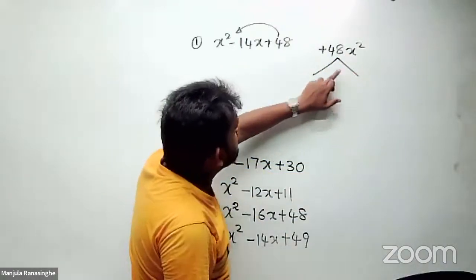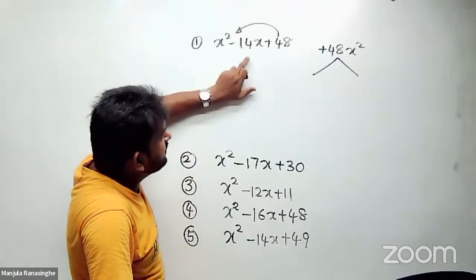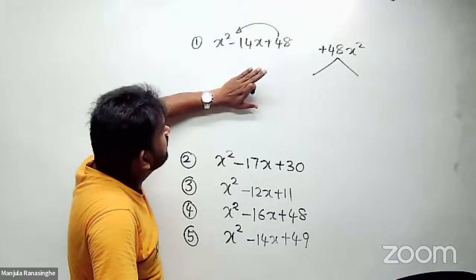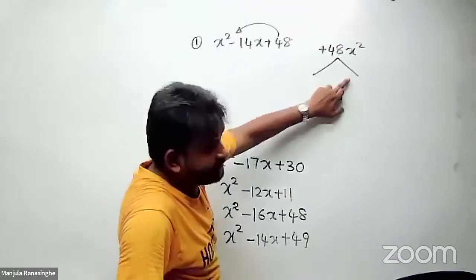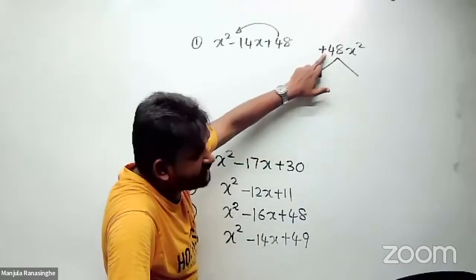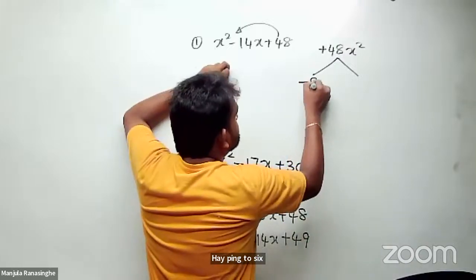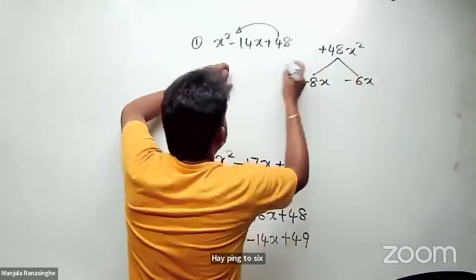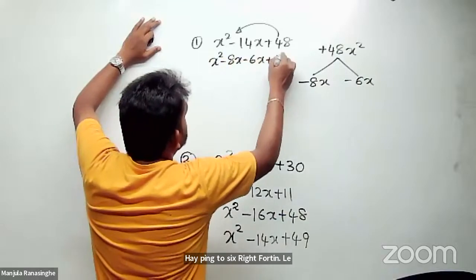Then the product to be plus 48 and the sum to be negative 14x. Then what is the suitable pair? Now we check 8 into 6, 48. 8 plus 6, 14. So you prefer negative 8x, negative 6x. You can now write negative 8x, negative 6x plus 48.